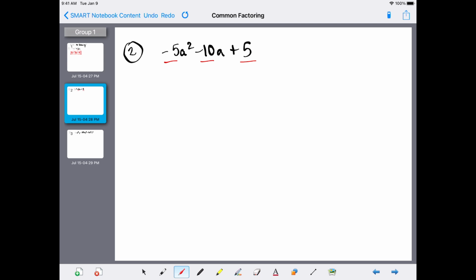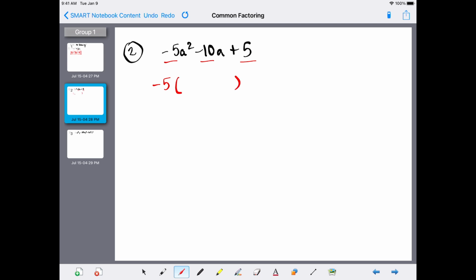The only way that's going to happen is if we take out a -5. Now we look at the letters. The first term has an a squared, the second term has an a, and the third term doesn't have an a. Because they don't all have an a in common, we can't take out any letters. We can only take out the -5.